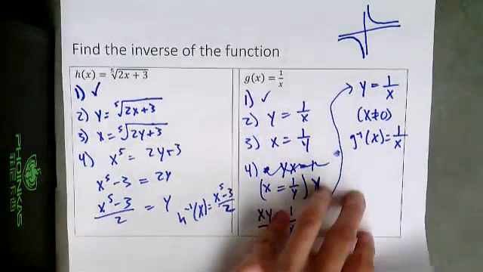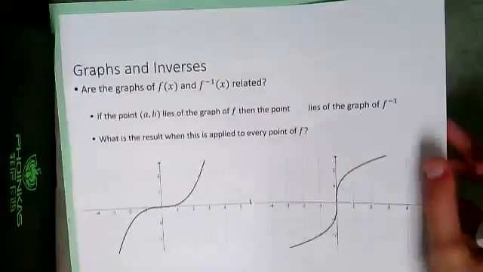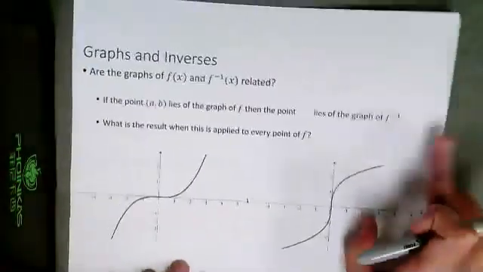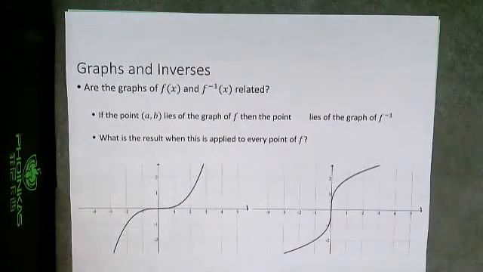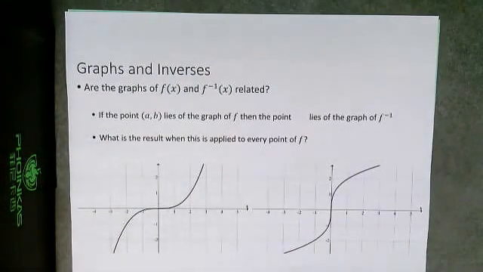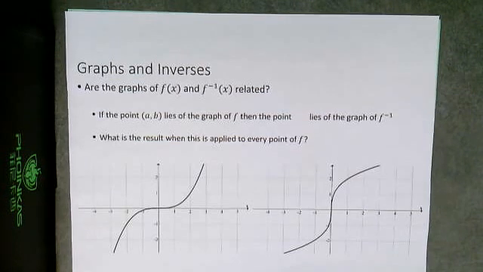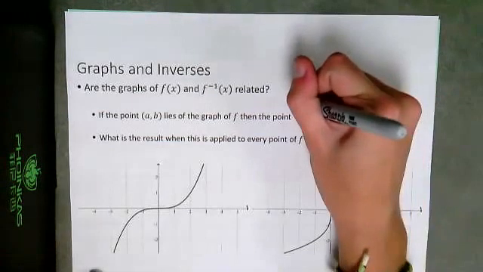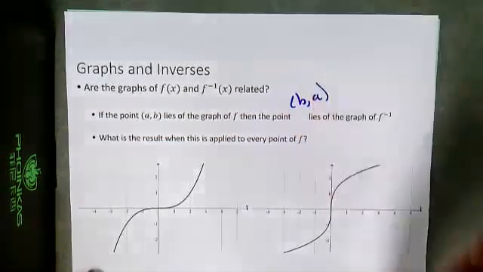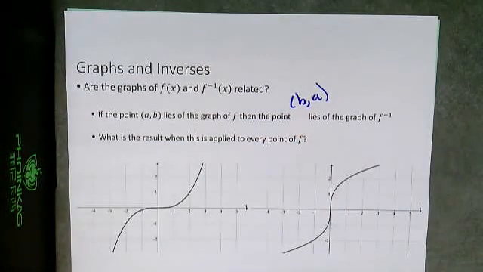Now let's go on to the graphs of inverses. And notice something a little bit cool. Are the graphs f of x and f inverse of x related? Well, yes, obviously. If the point (a, b) lies on the graph of f, then the point, again reverse them, (b, a) lies on the graph of f inverse.